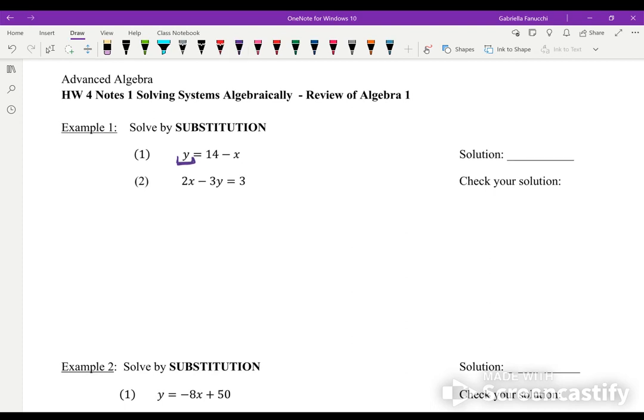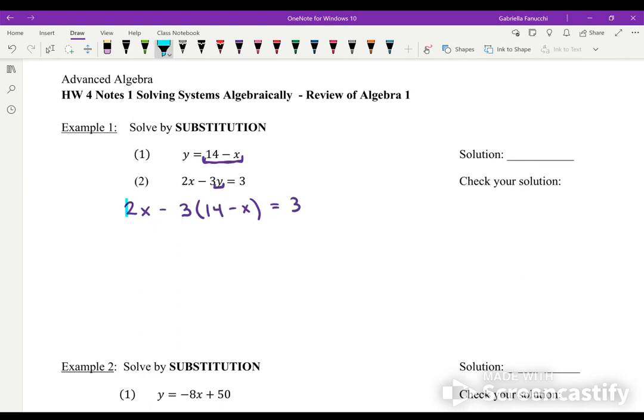So we know that y is equal to 14 minus x. Where I see a y, I'm going to substitute it in there. So rewrite that second equation: 2x minus 3 times y, but y is 14 minus x, is equal to 3.